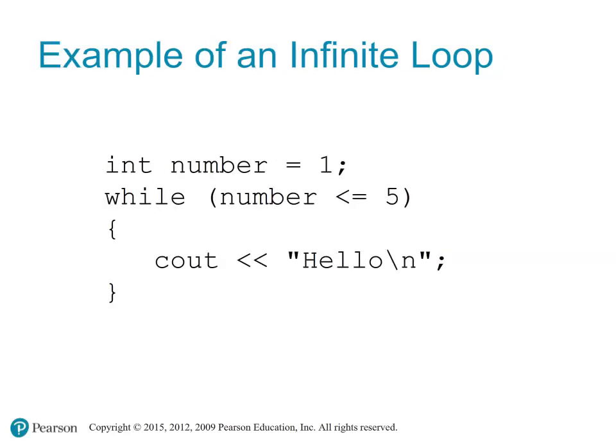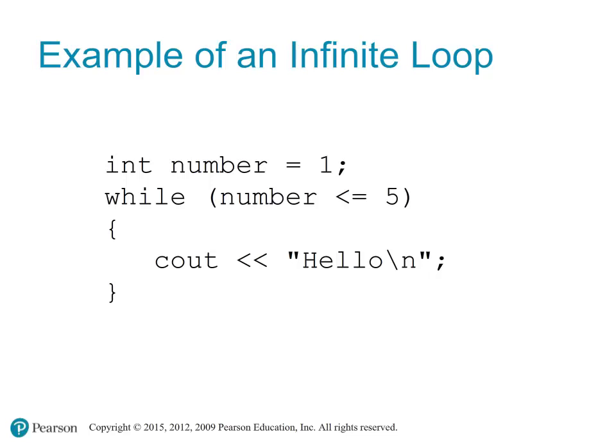This example demonstrates an infinite loop, a loop that never terminates. The integer variable number is initialized to 1. This variable is intended to control the loop's execution. The while loop has the condition number less or equal to 5. This loop will continue to execute as long as this condition is true. The loop contains a cout statement to print hello, but lacks any code to update the variable number.